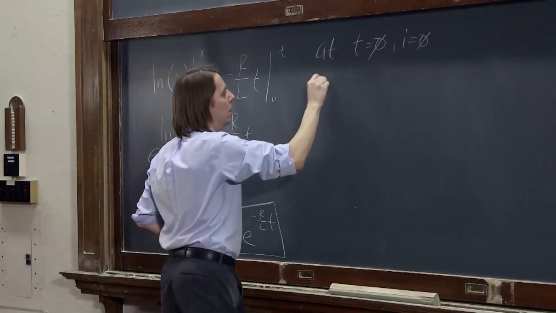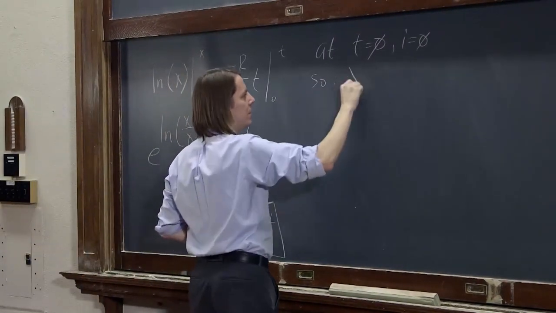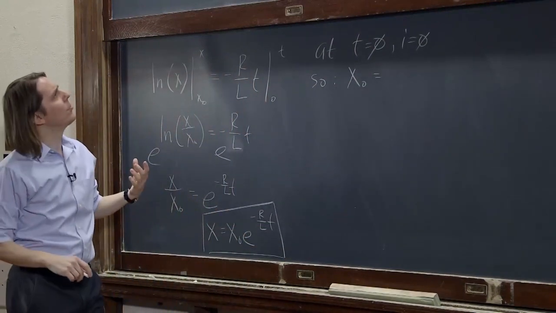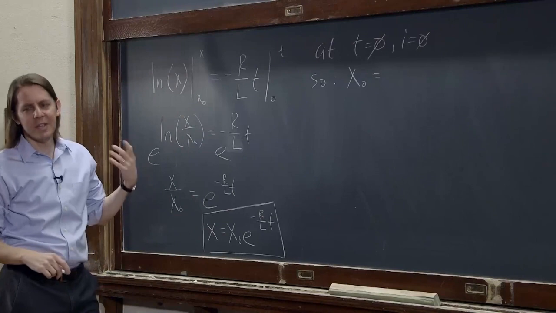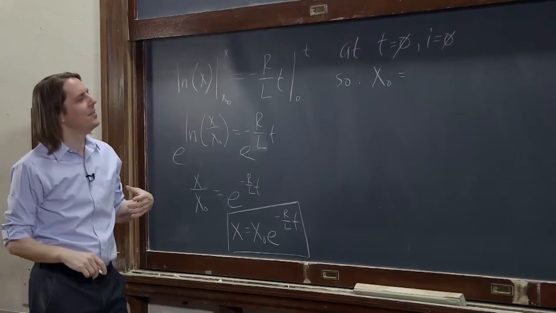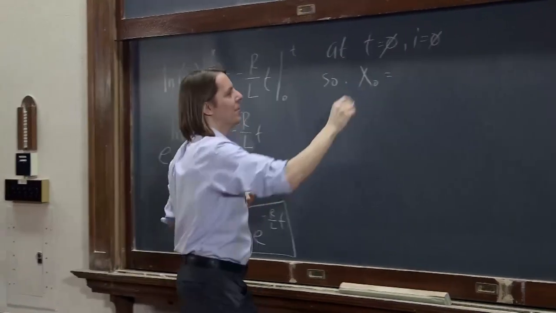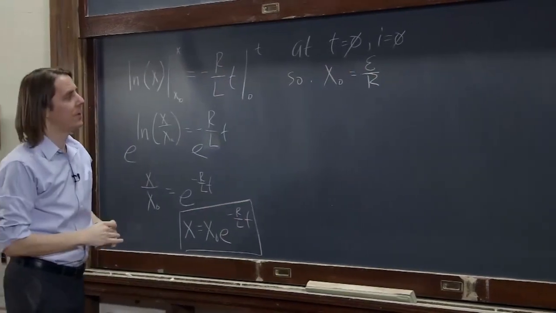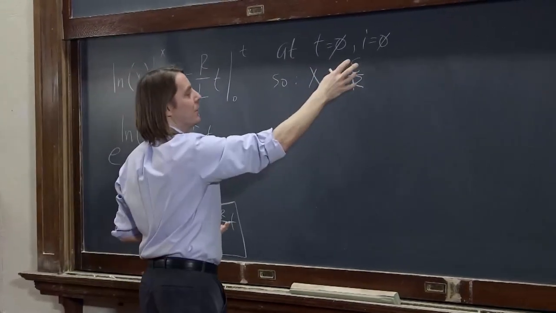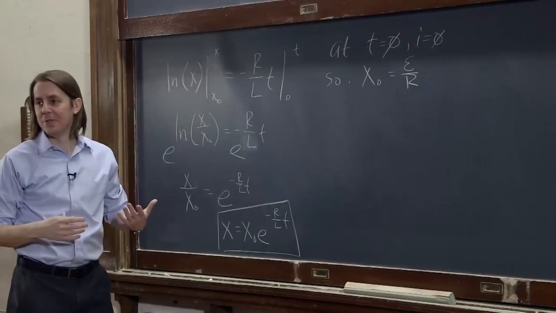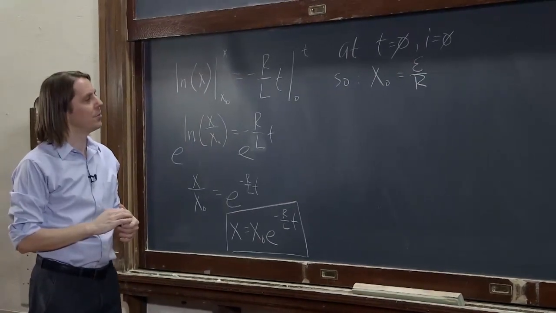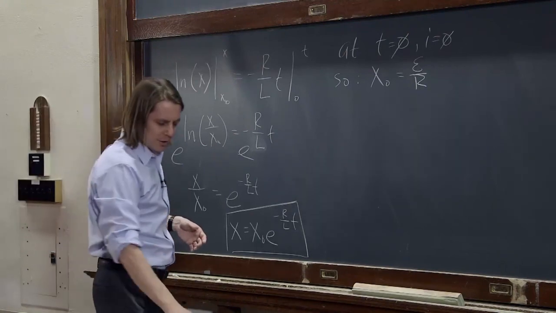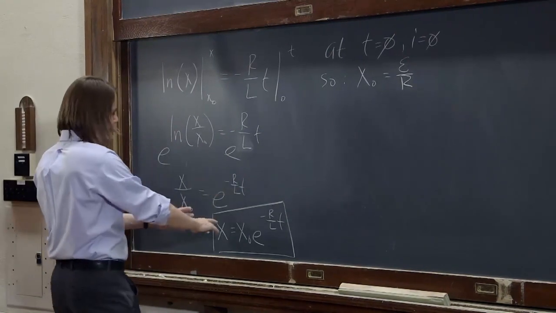So that tells us what x naught is. If x is the EMF over R minus I, then x naught would be the EMF over R minus nothing. So x naught is just the EMF over R. You can see that's actually the current that you would get if you had no inductor in there. So now we plug that in to here, and we plug in for x.